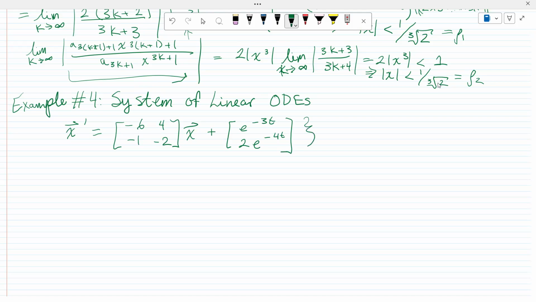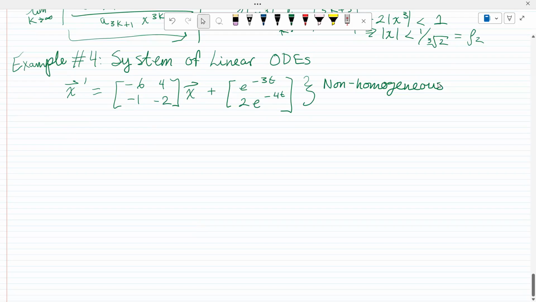So this is a non-homogeneous system of linear ODEs. So we can solve it using a very similar system as what we did before with the other non-homogeneous linear equations.